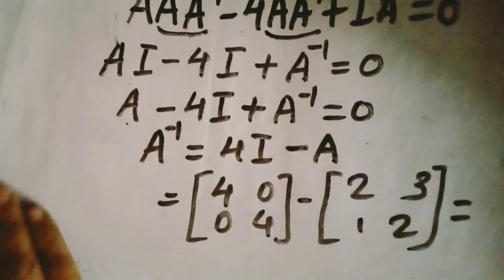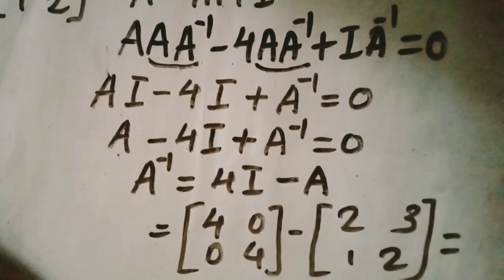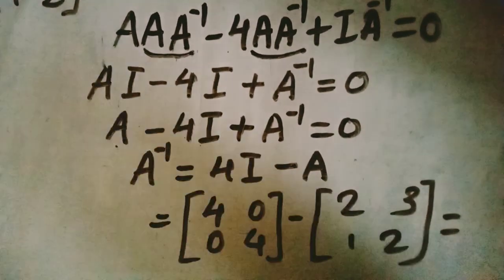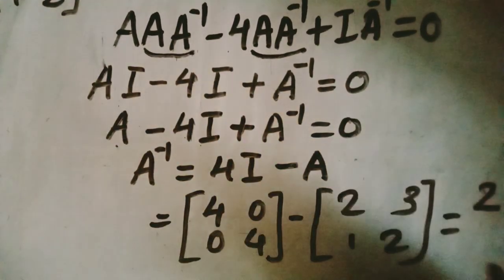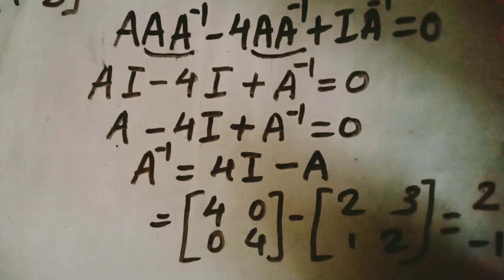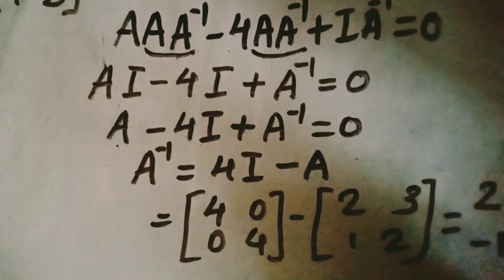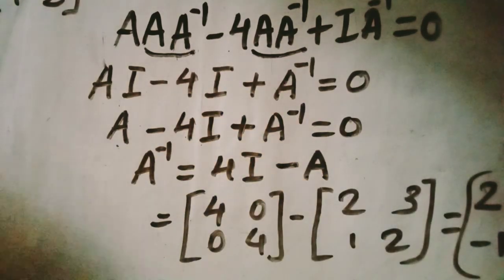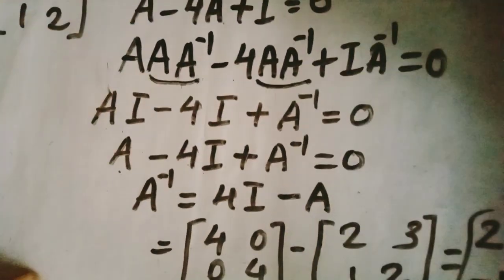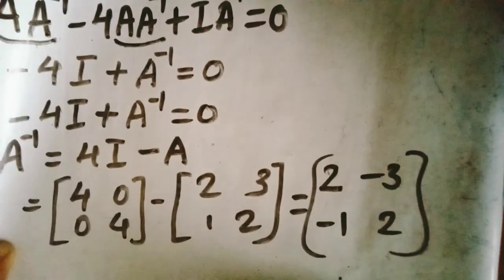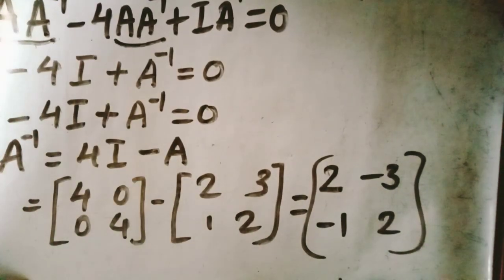So finally you will get 4 minus 2 is 2, 0 minus 1 is minus 1, 0 minus 3 is minus 3, 4 minus 2 is 2. So this is your A inverse.